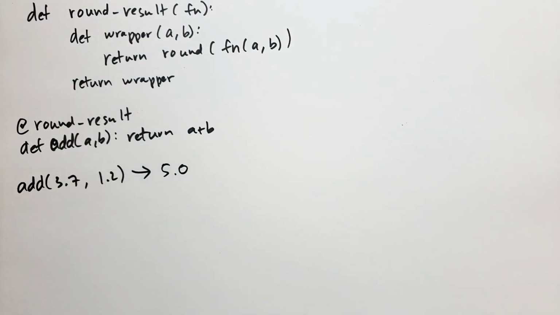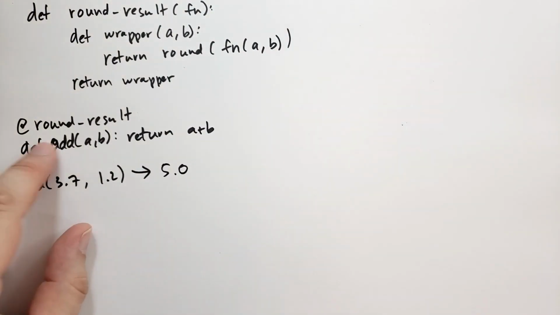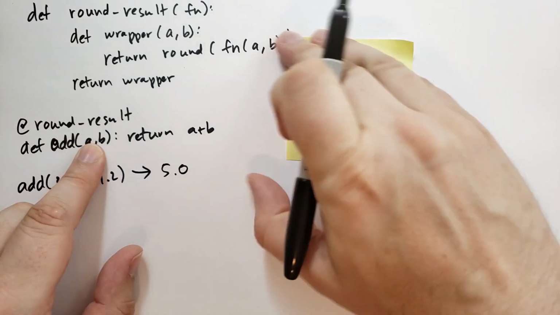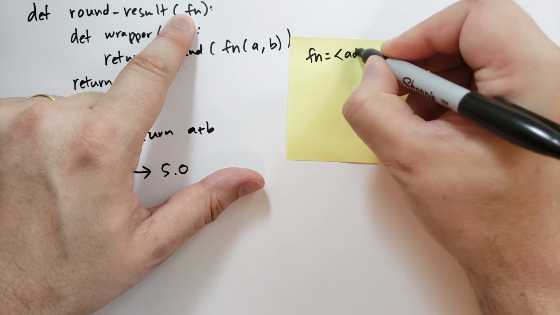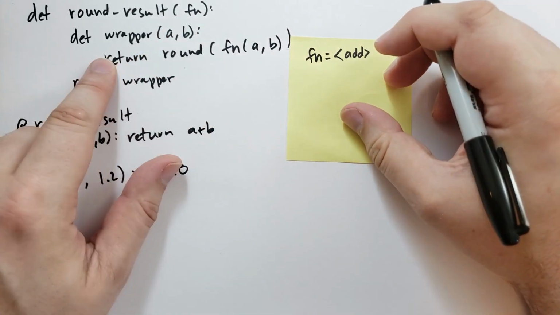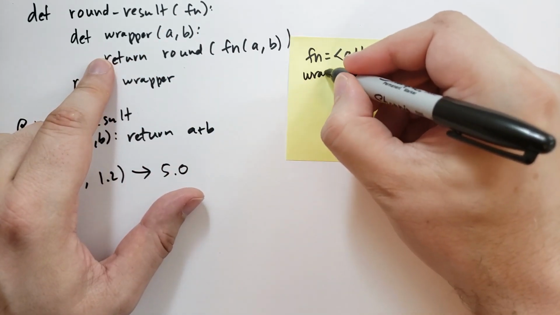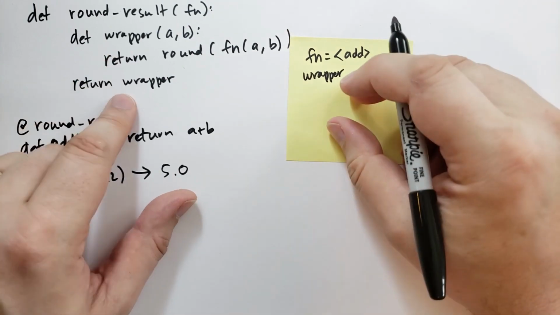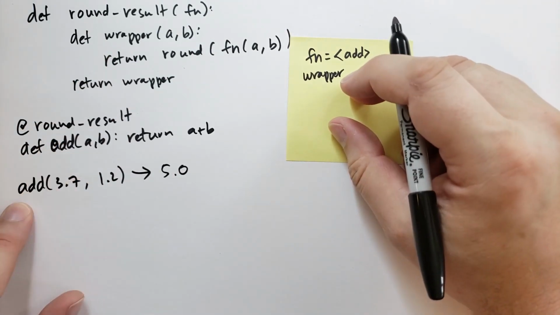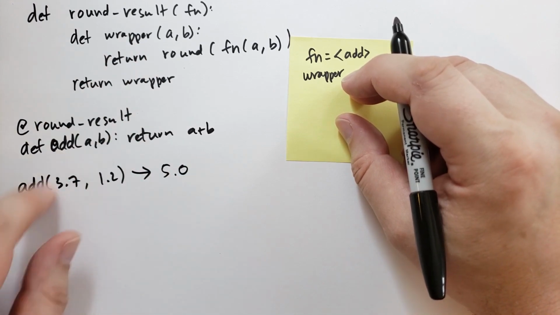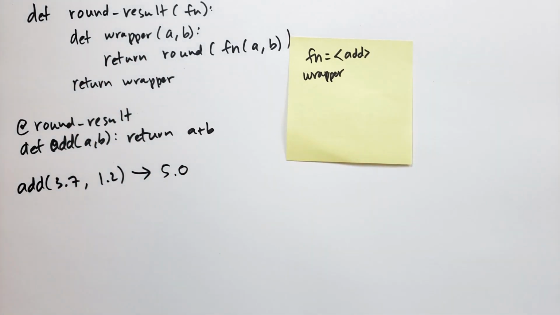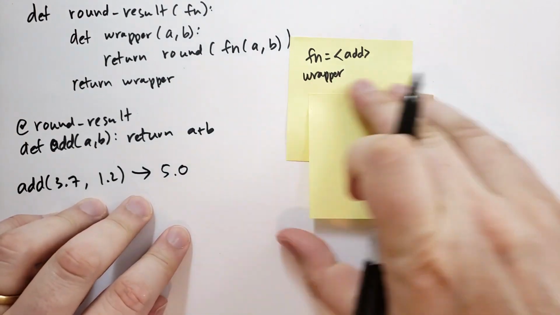Let's walk through one more time how this is called. So when we called the decorator originally, we're going to have the fn set to that add function, right? Then we're going to define a new wrapper, and we're going to return that. So the actual add function here is pointing to this wrapper, not to this add function here. So add calls the wrapper. So when we call add, new namespace.